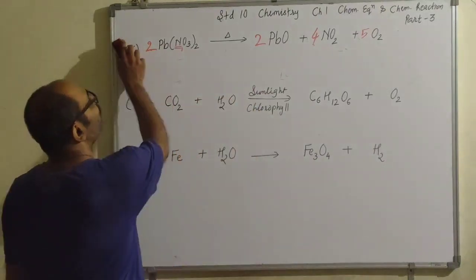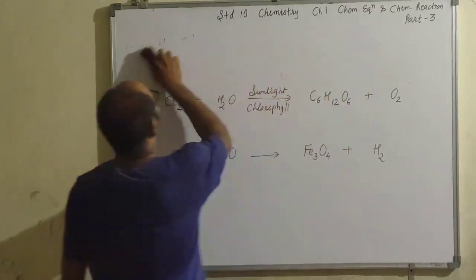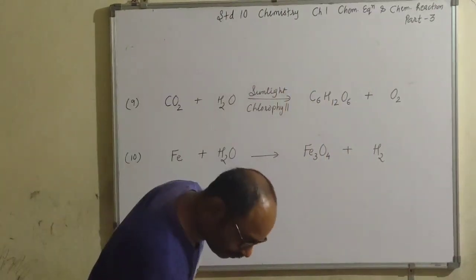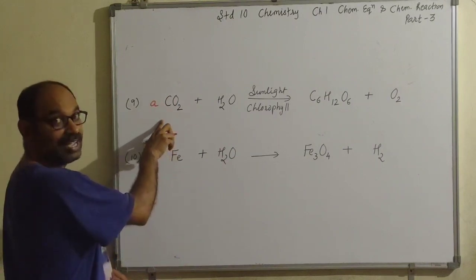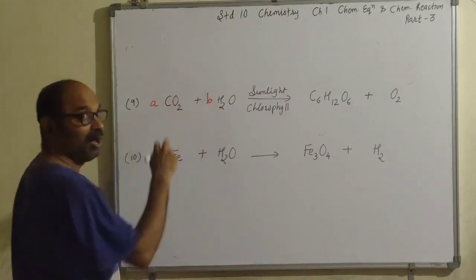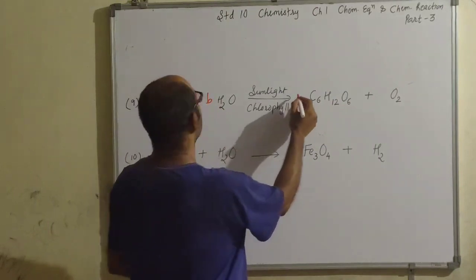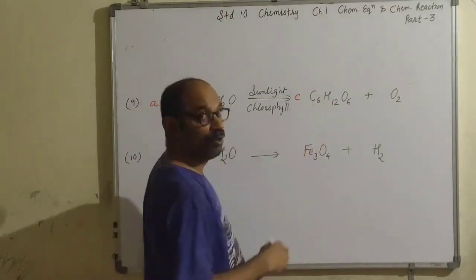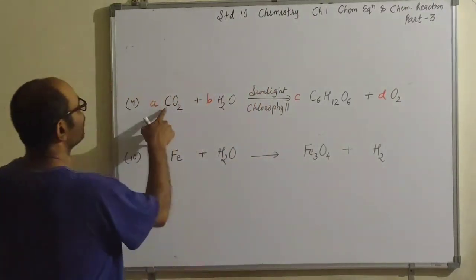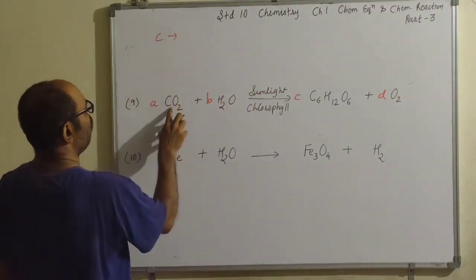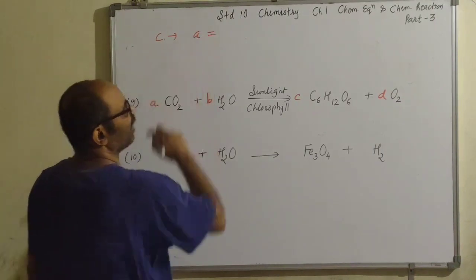Okay. Now this one, I'll erase this to do the rough one. Same way, I'll say A molecules of carbon dioxide when dissolved in B molecules of water, it produces C molecule of glucose and D molecule of oxygen. First is carbon, 1 into A, alright.